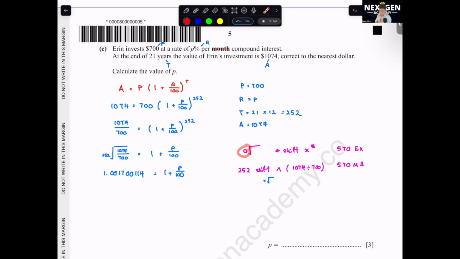Is it okay to round to two significant figures? No, not okay, because this is in the middle of the equation. For the final answer it is okay, but when you calculate the time, it's not okay. 1.0094, wrong. Are you following this step? Press Shift, X to the power of this, then type 252, 1074 over 700. The EX should be exactly straightforward.